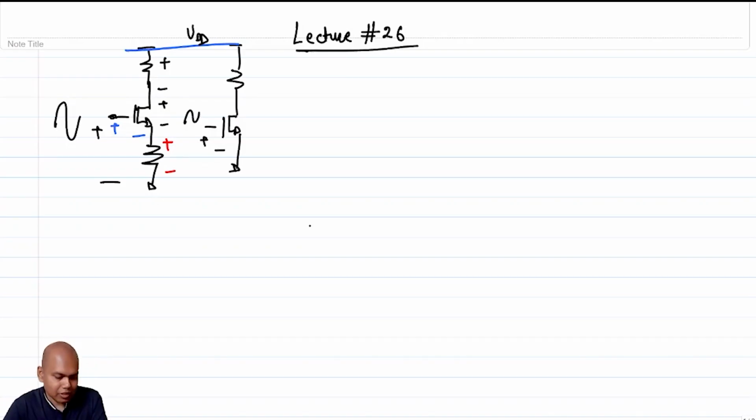So which essentially means that for a fixed supply voltage, the MOSFET on the left will have a lower quiescent VGS than the MOSFET on the right.